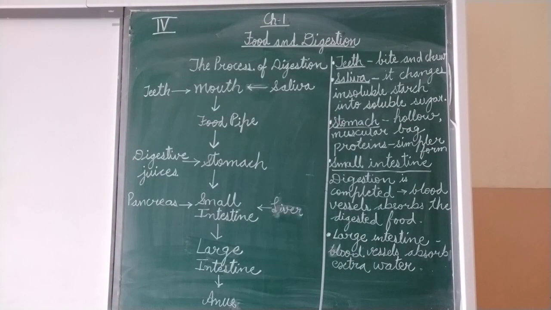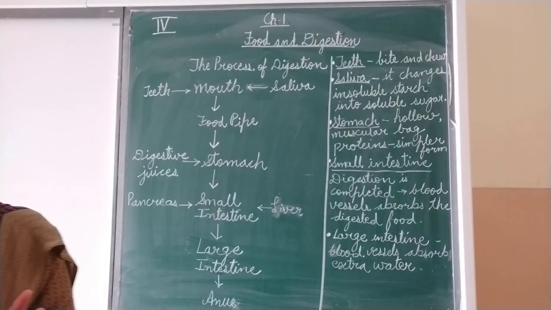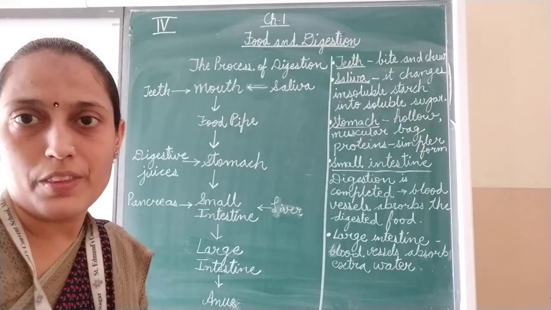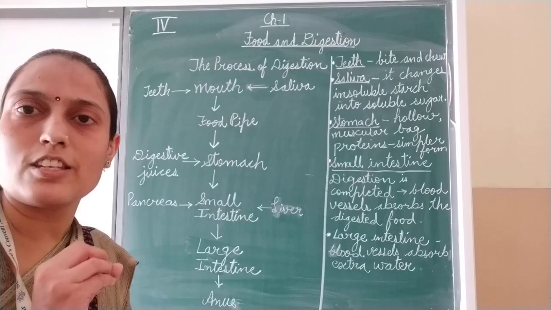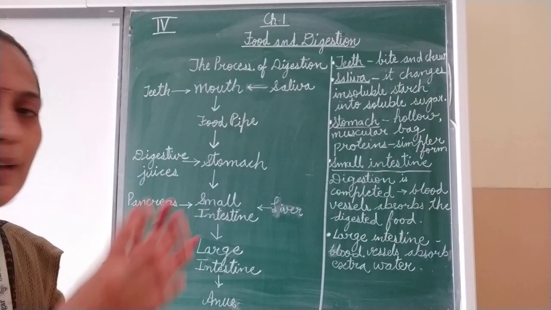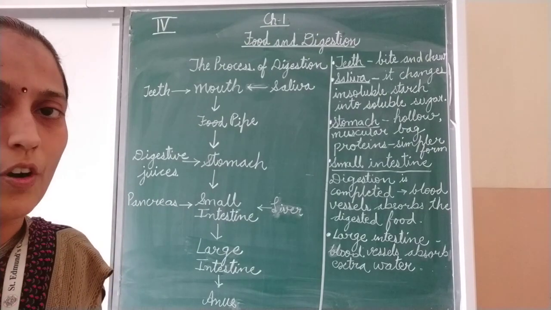Here in the small intestine, the digestion of food is completed and the blood vessels present in the walls of the small intestine absorb the digested food and carry it to different parts of the body.